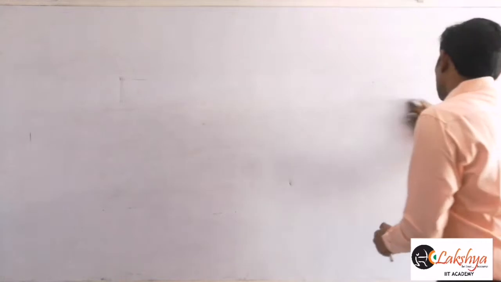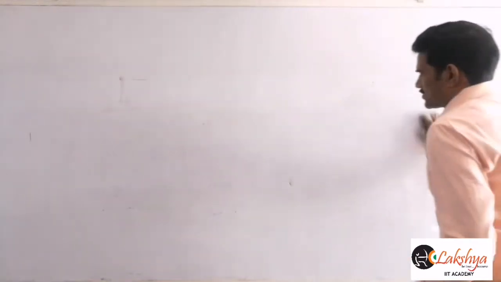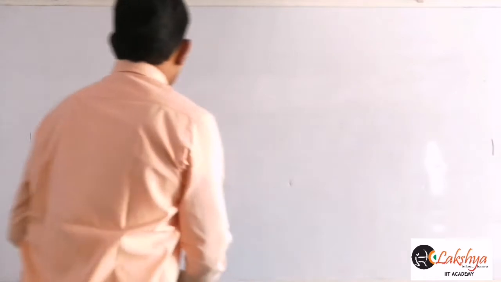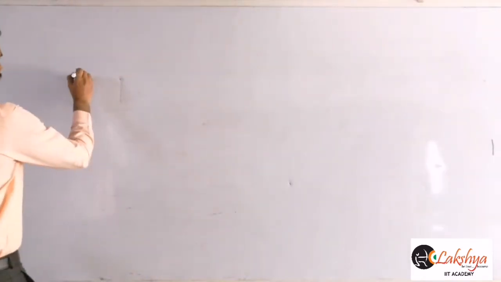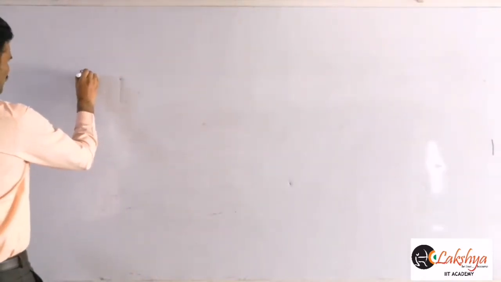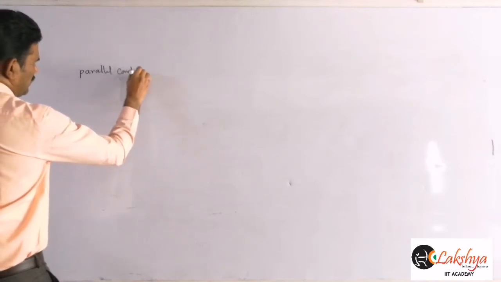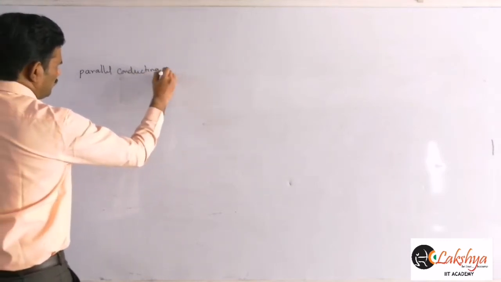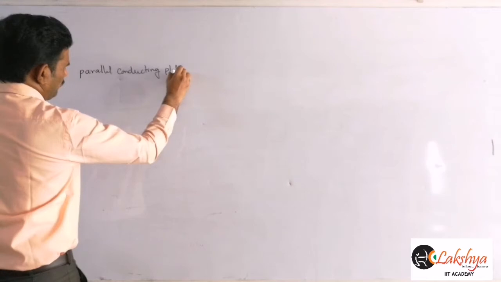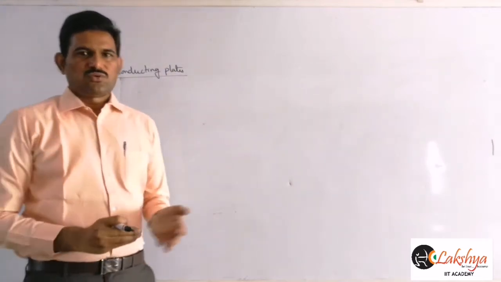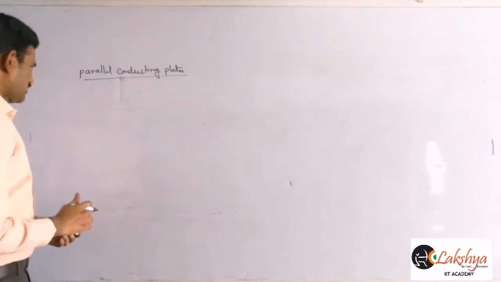But if you have an idea about these plates, then in capacitors you can solve them easily. So we are discussing parallel conducting plates, and all of them are assumed to be infinite plates when compared to the distance between them.